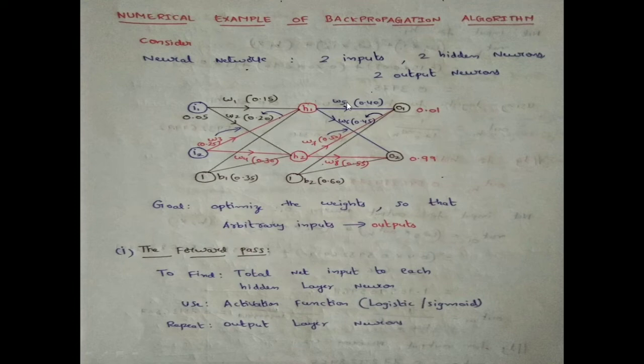So finally our aim is to reduce the difference between the target output, that is the desired output, and the actual output produced by the output neurons.